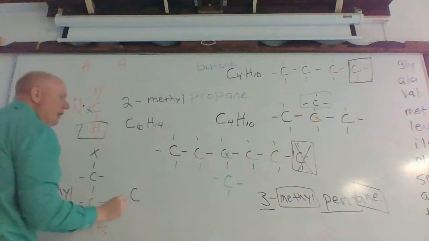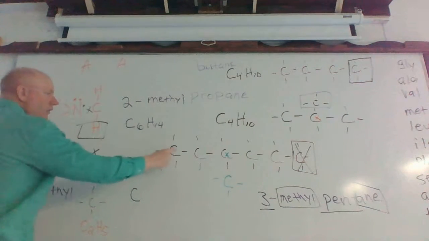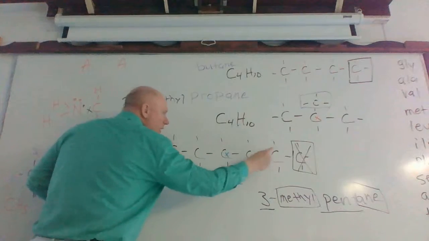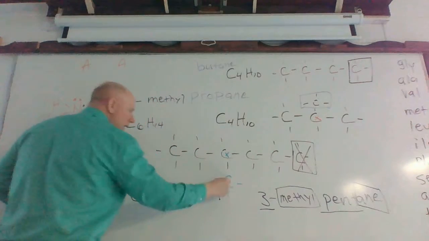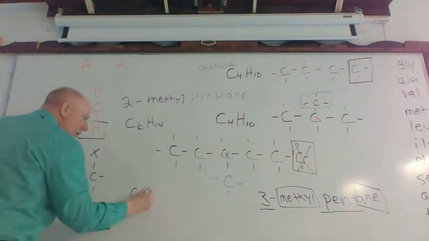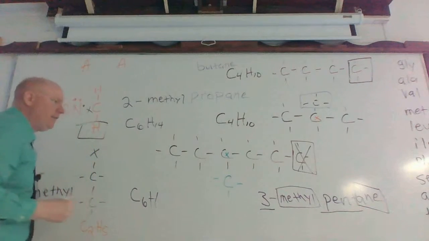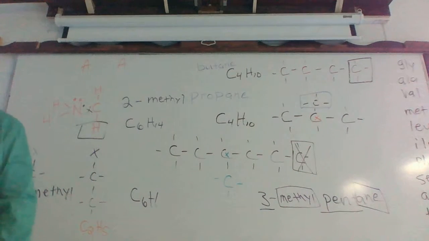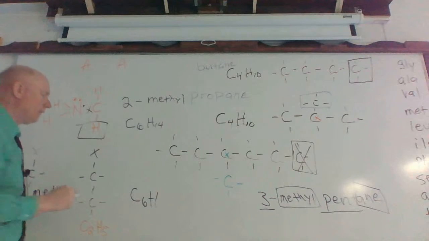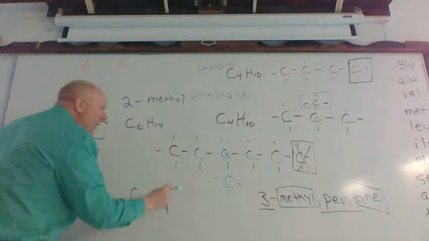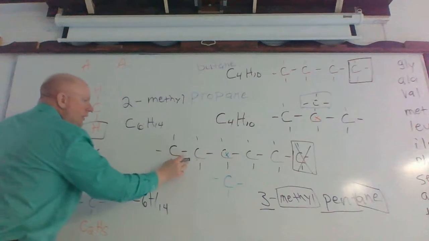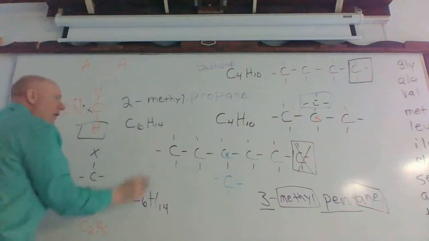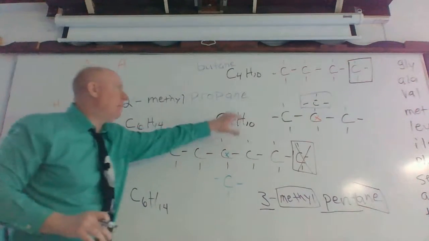How many carbons are there? 1, 2, 3, 4, 5, 6. How many total hydrogens are there? So what does that mean that these 2 compounds are what of one another? Just like what we see up here.